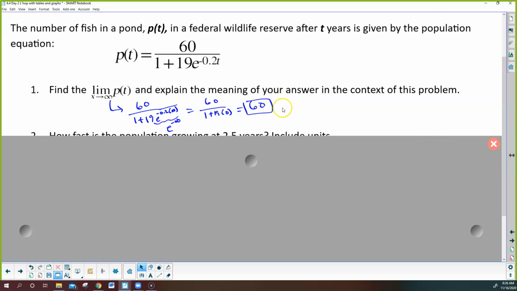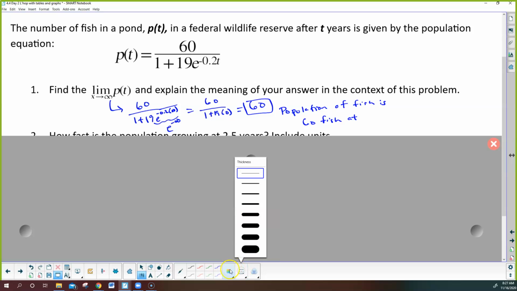So what does that mean in the context? Our population of fish is 60 fish at t equals 0 years. So it's basically saying, oh, I'm sorry, not right. I was thinking about an initial value problem.